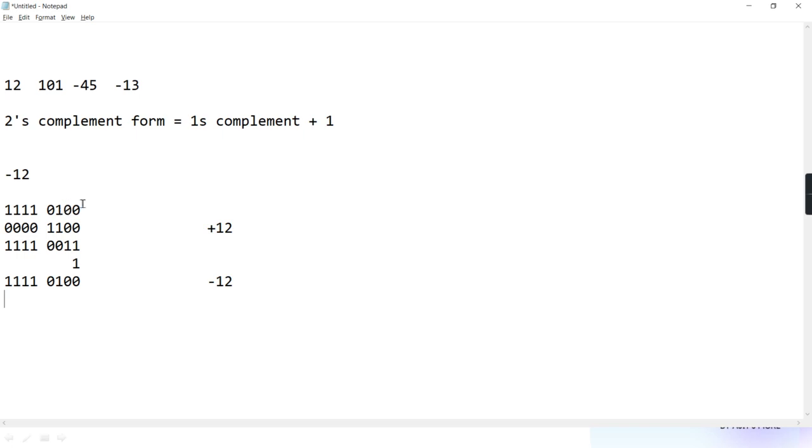Here, what he's saying is, from LSB, until we get the first 1, we will keep it as it is. Can you see? 0, 0, 1. I've kept it as it is. So the general algorithm: from LSB, until the first 1 is encountered, keep it as it is, and after that simply complement. Complement means make 1 as 0 and 0 as 1. That is your direct 2's complement.